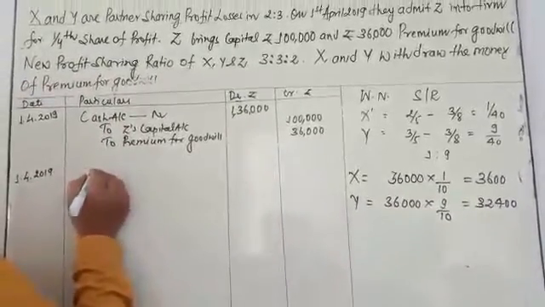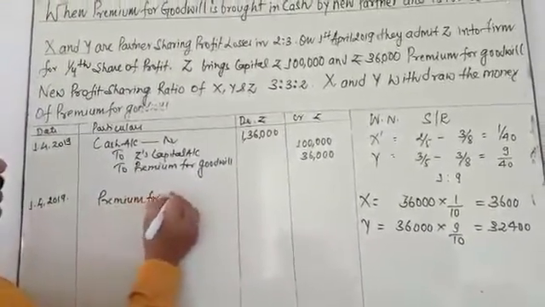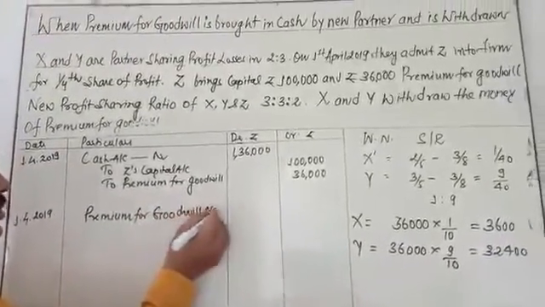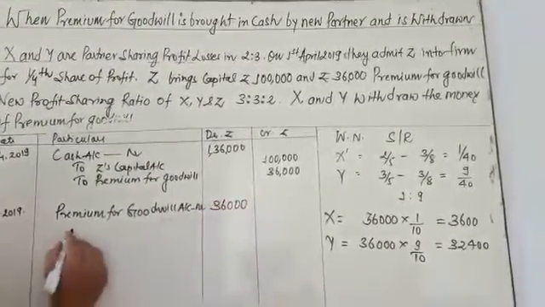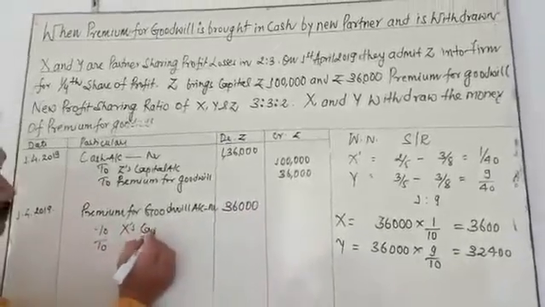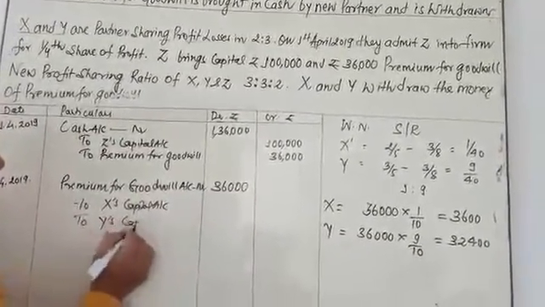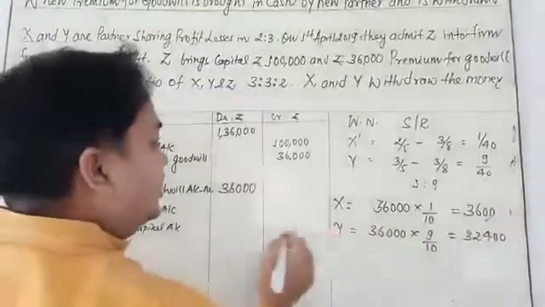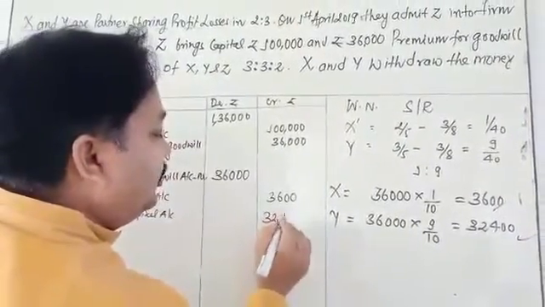So you pass the journal entry: premium for goodwill account debited 36,000, to X's capital account, to Y's capital account. X capital 3,600, Y capital 32,400.